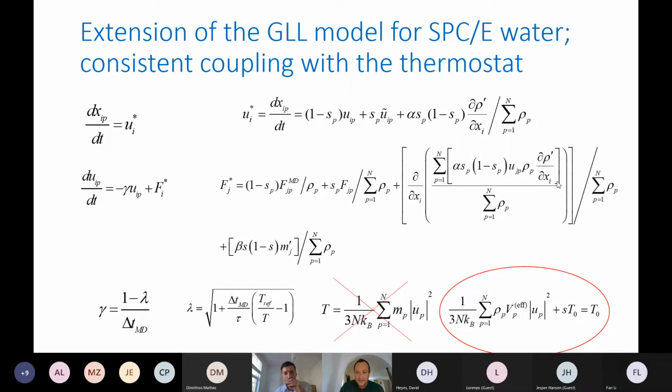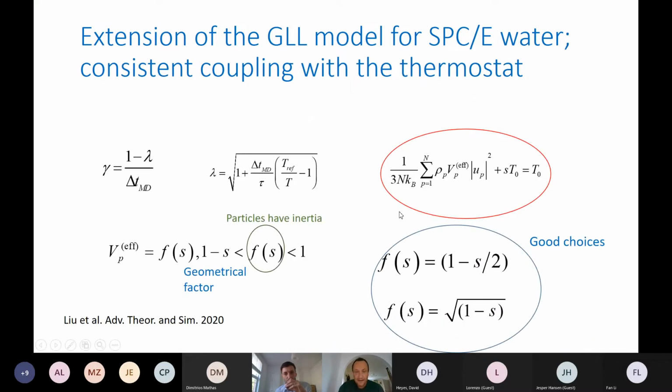I'll probably go faster now and say that it turns out that this weighting, which we need to incorporate in the local thermostat equation, cannot be just defined based on the geometrical factor. In fact, the particles have a certain inertia, and therefore they tend to occupy a bigger volume than you would expect just from the concentration field.